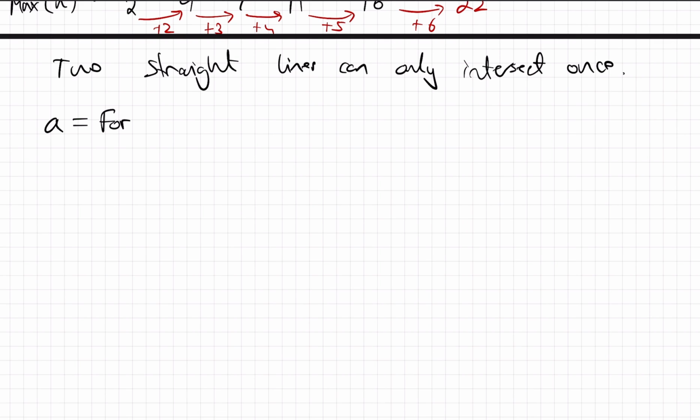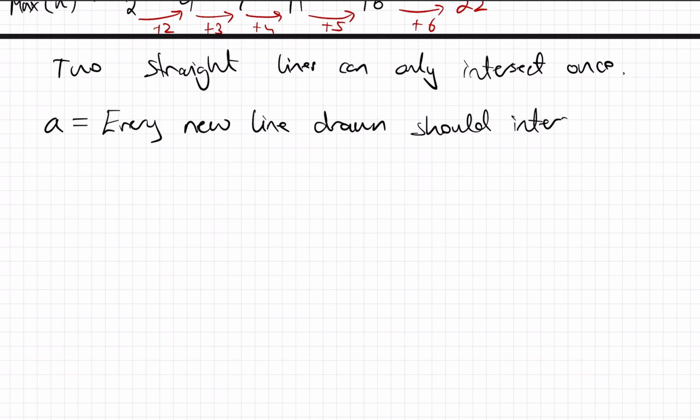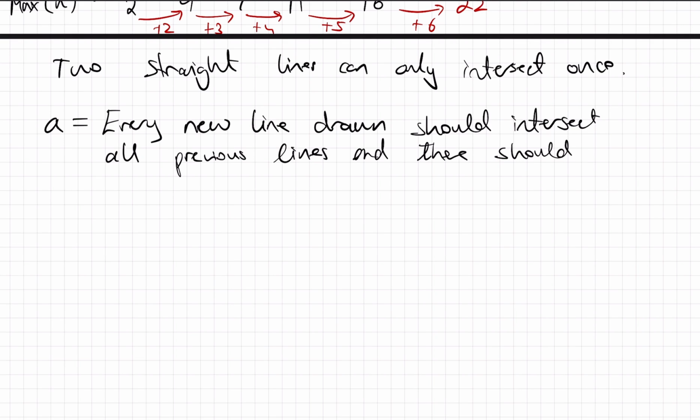for every new line drawn should intersect all previous lines, all previous lines, and there should be no shared points of intersection.